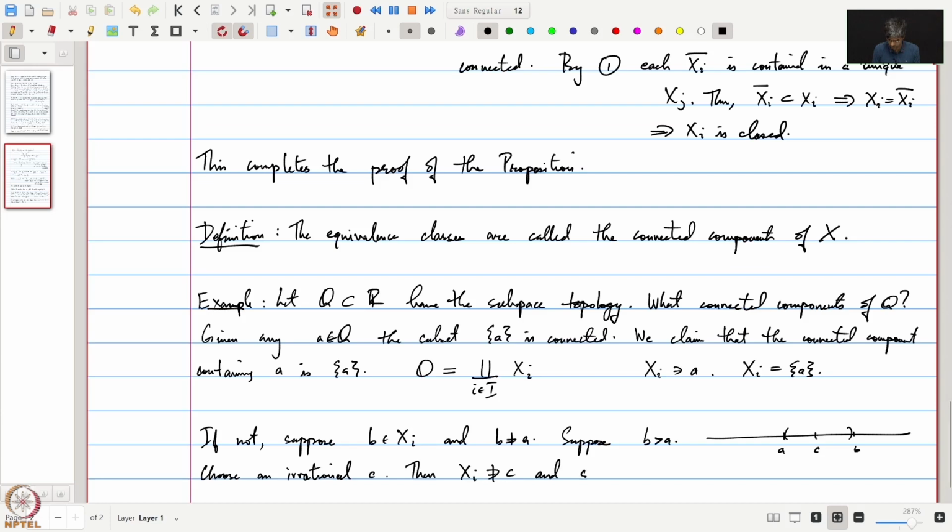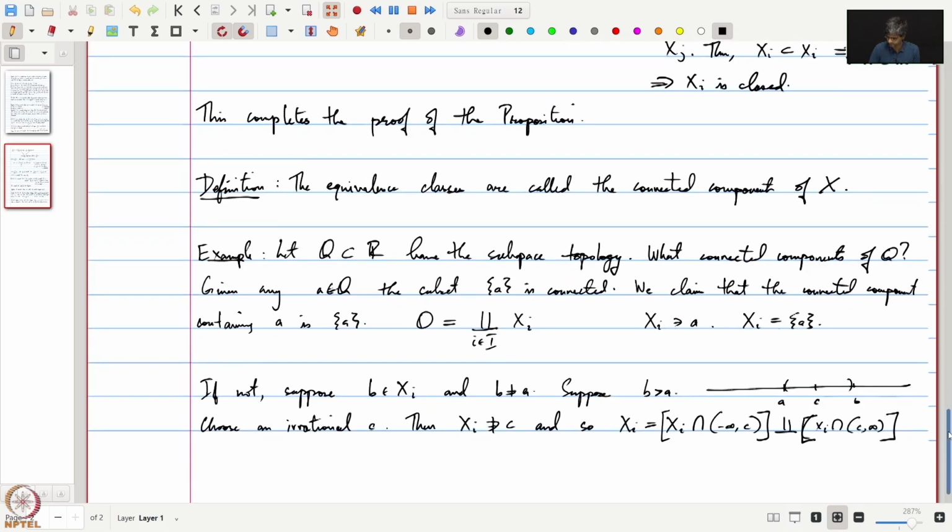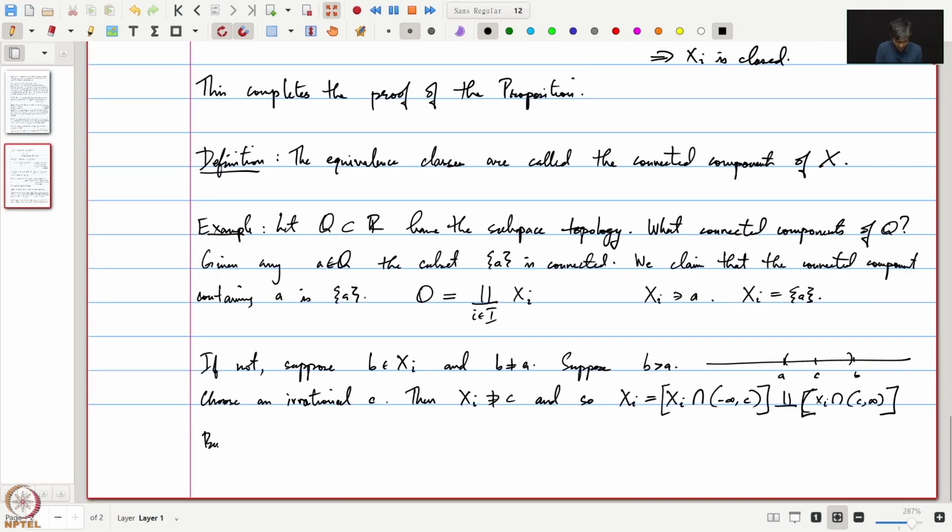And so we can write Xi as a disjoint union of open subsets, minus infinity comma C, disjoint union C comma infinity. Right? Both these are non-empty because this contains A and this contains B, right? And both these are open and it's a disjoint union.